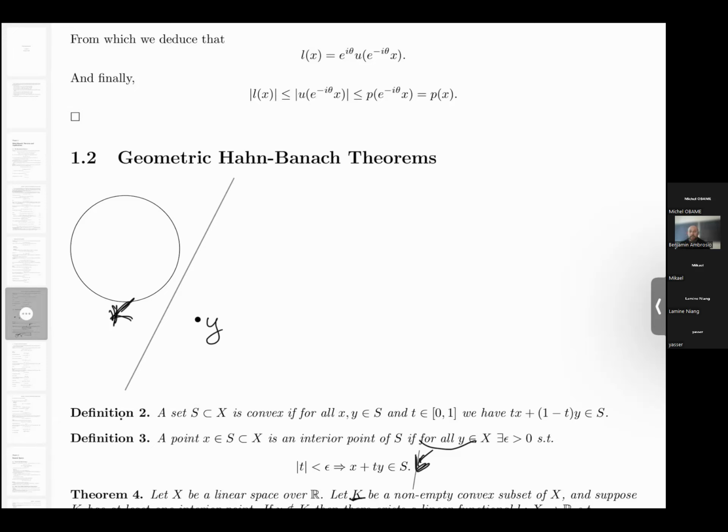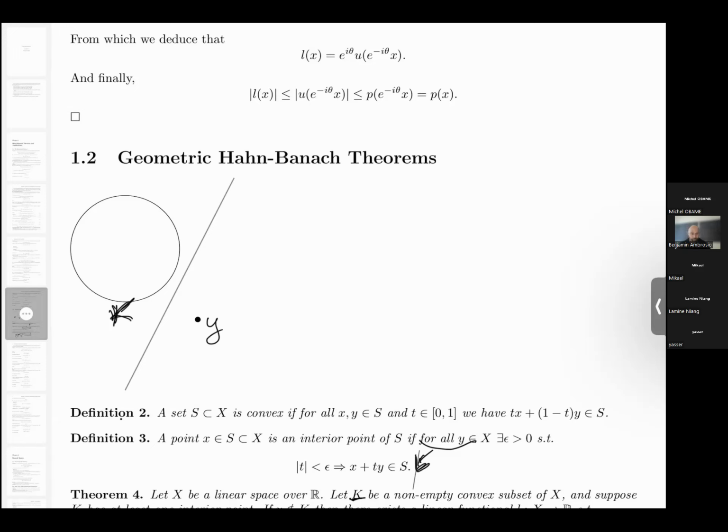It says that if X and Y belong to K, then the whole segment has to be included in K. And a segment writes as: if X and Y belong to K, tX plus (1 minus t)Y with t between 0 and 1 has to belong to K.